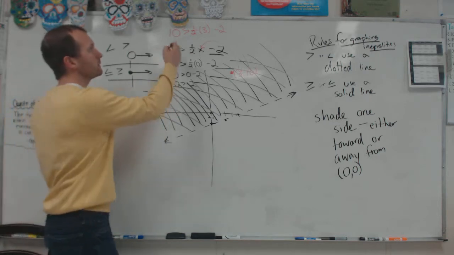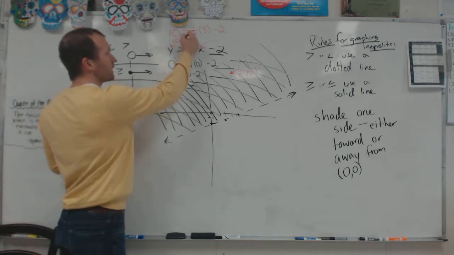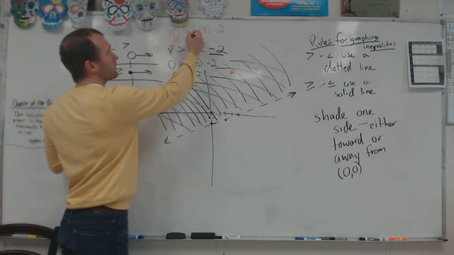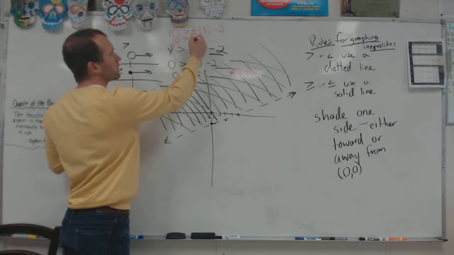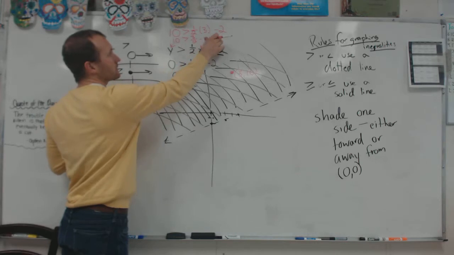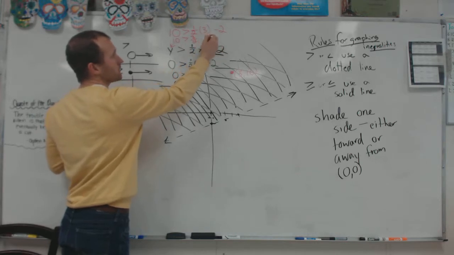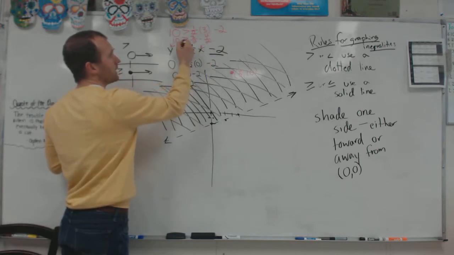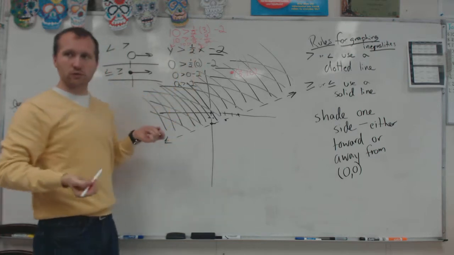10 is greater than 3/2 minus 2. Instead of 2, we'll check 4/2. 10 is greater than negative 1/2. That's true.